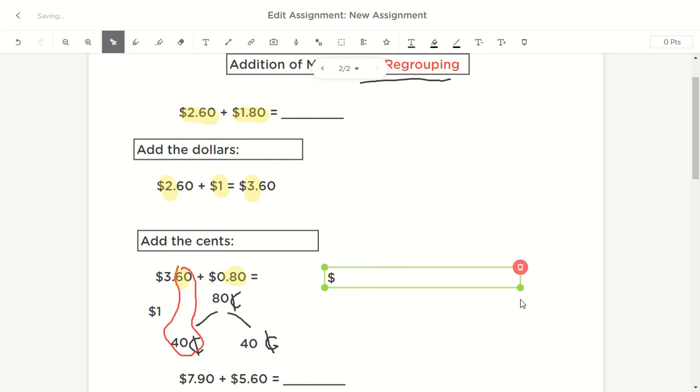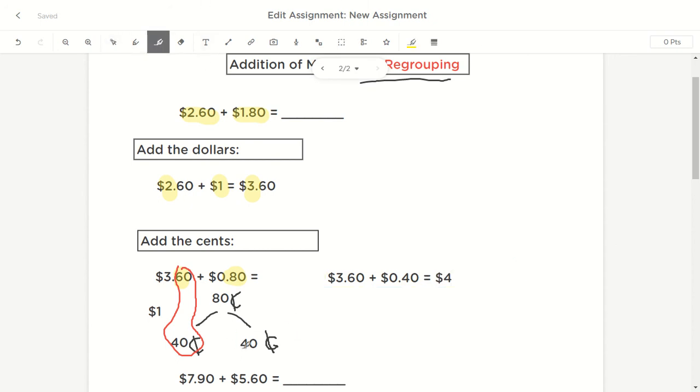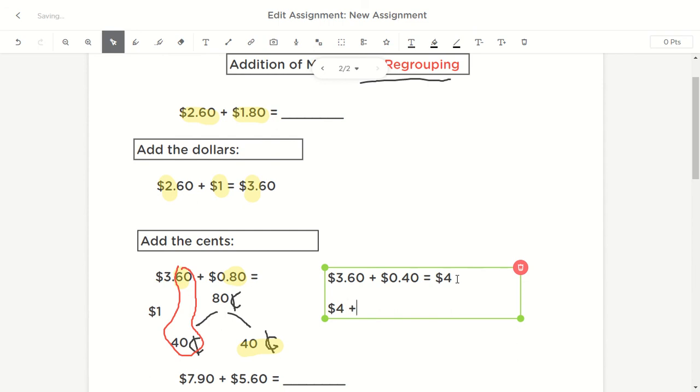I'll use $3.60 plus 40 cents, which will give you $4. But that's not the final answer because there's still another 40 cents here that I haven't added. And then after that, I'll use the $4 plus the 40 cents that I did not add in, which will give you $4.40.